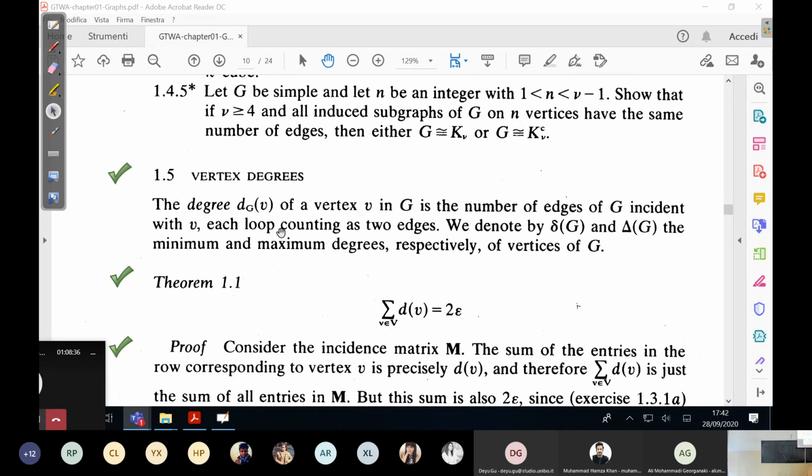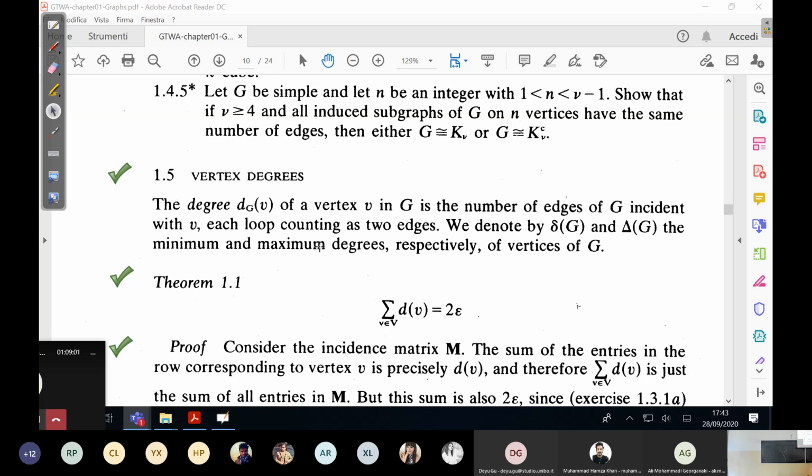Finally, vertex degrees. The degree dg of the vertex V is the number of edges incident with V, each loop counting as 2 edges. It's easy to think of that if you draw the graph and cut a small disk around the vertex, and so you'll see the degree.